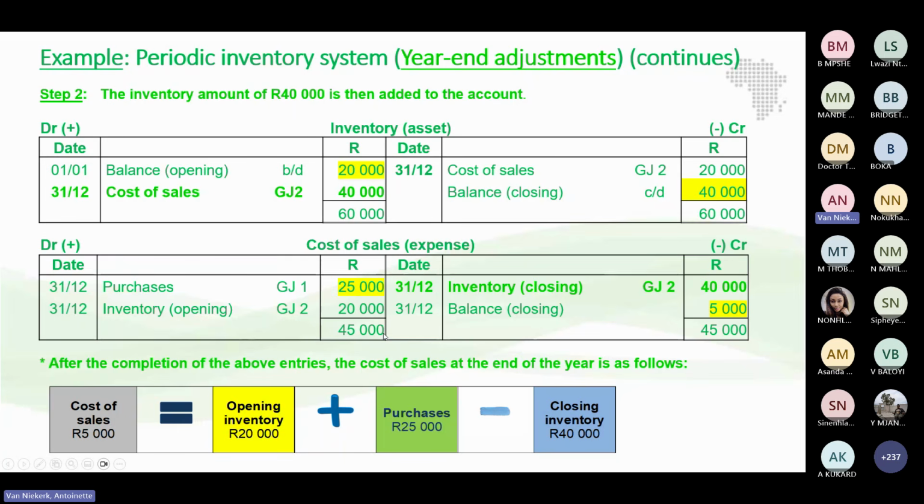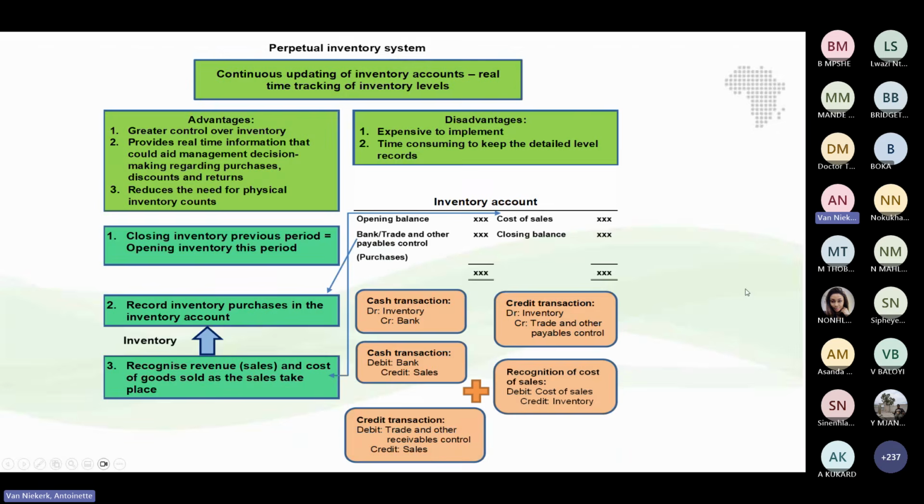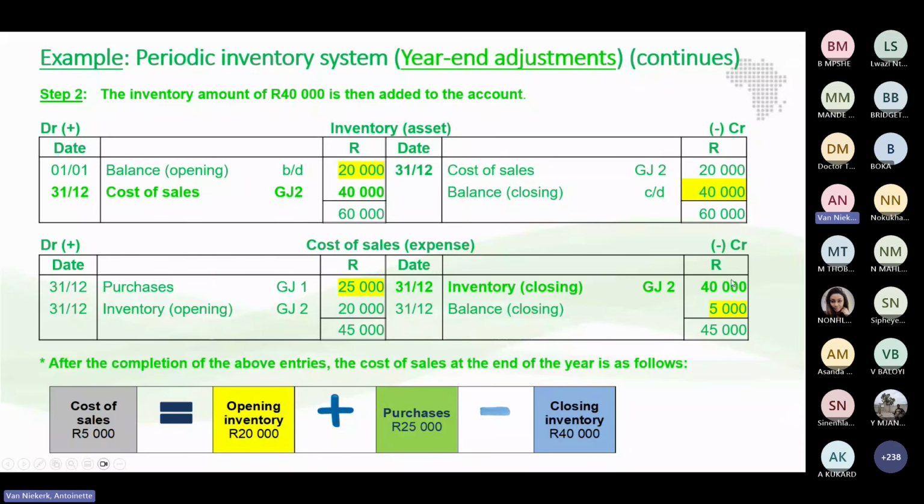Now we are bringing in your closing inventory at 40,000 Rand. So to get the balance the same as on the debit side, you will see that the closing balance is 5,000 Rand in the cost of sales. So your cost of sales account has a balance of 5,000 Rand.